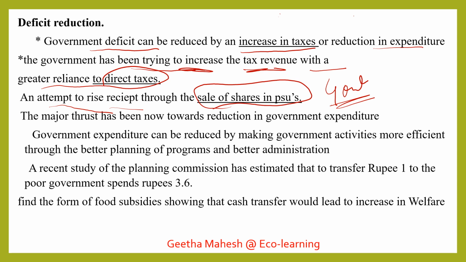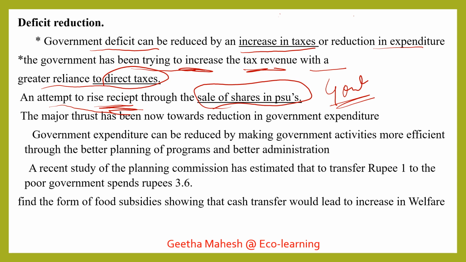Now government is going to unload those shares, that means they are selling shares to private people. So when they sell, they receive money. They are transferring ownership from the government sector to the private sector by selling shares, and they are trying to raise the funds so that they can reduce deficit.